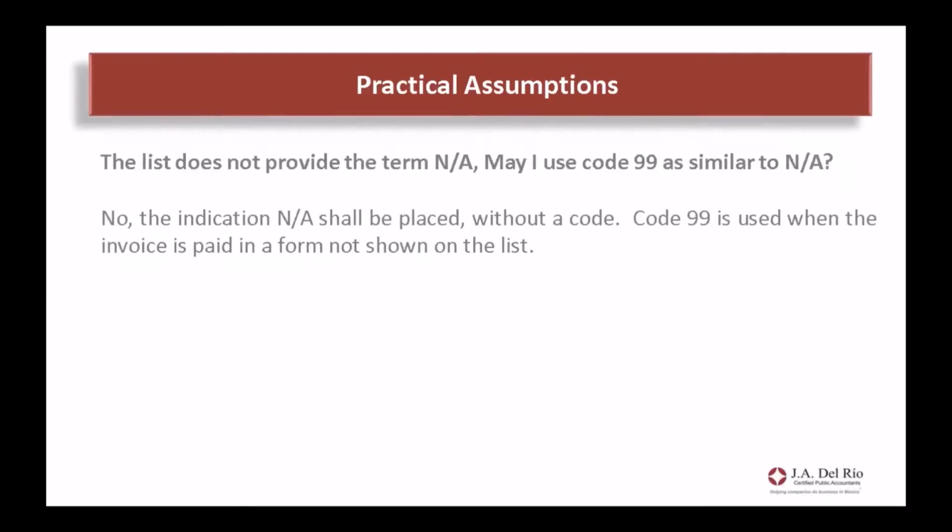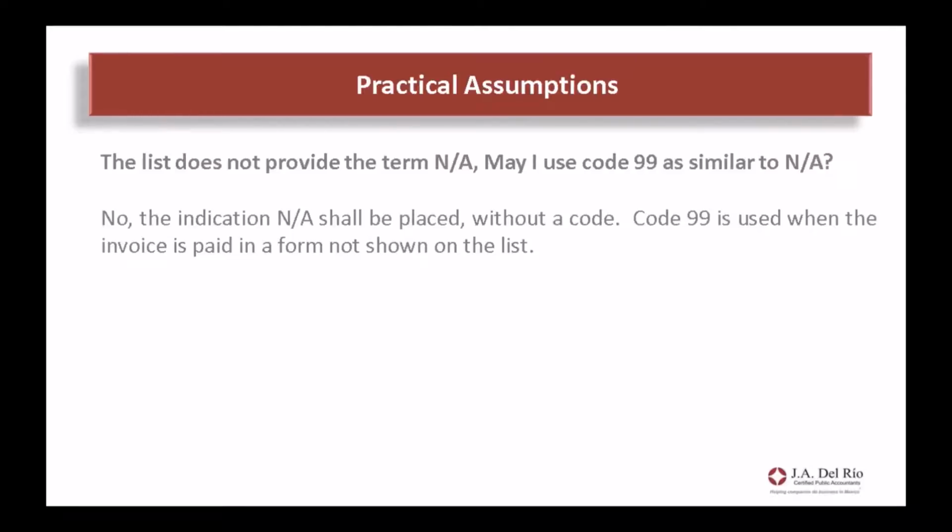Now, the catalog, the 10-code catalog that we just saw, does not provide the term NA. Is it possible to use code 99 as similar to NA? The answer is no. One might think that, okay, it's the most logical choice, but actually there's no code for NA. So every time that we want to use the benefit to use NA, we need to include the description.